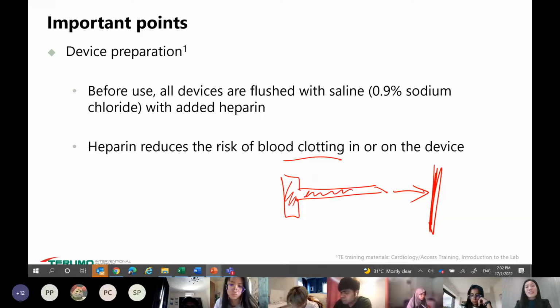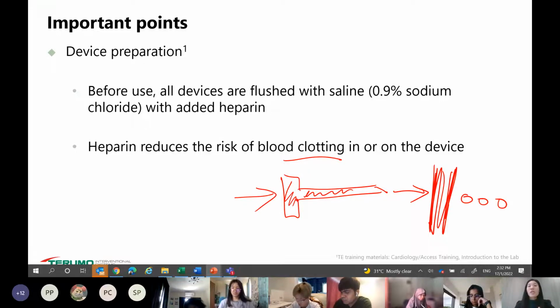If you just insert this into the body, there's air inside, you put something through, and there are going to be air bubbles going into your body, and not just your body, into your blood. It's definitely not good news to have air bubbles in your blood, because they will act like a blockage.